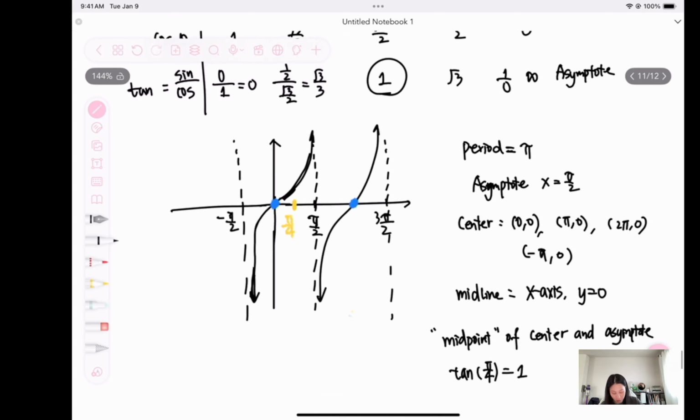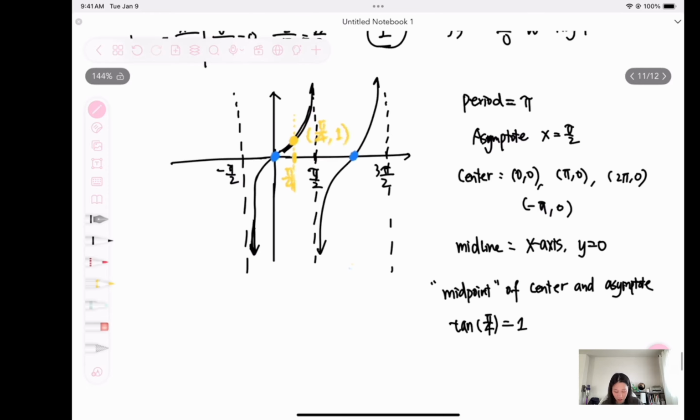So that means the midpoint would be in here, which is pi over 4 and then 1. Okay, that's another thing that I want you to remember. The midpoint is pi over 4 and then 1. That comes from tangent of pi over 4 being equal to 1. So that's all the important information from the basic tangent line.